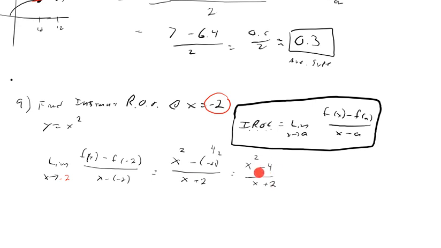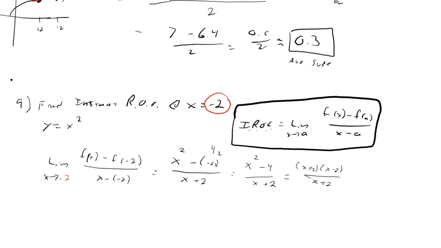So we get this here, and when we do these, we have to do a little bit of limit manipulation, right? We're solving this limit. X squared minus 4, I can factor into x plus 2 and x minus 2 over x plus 2.